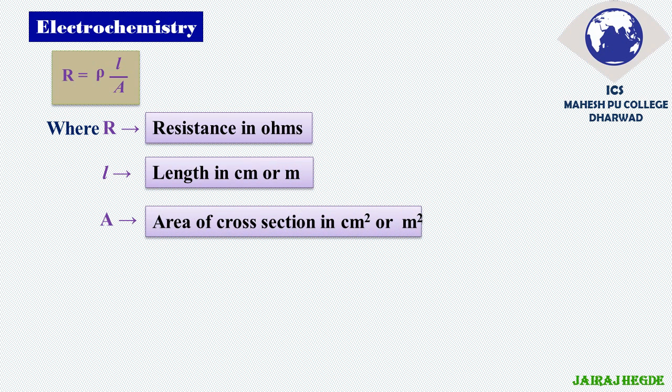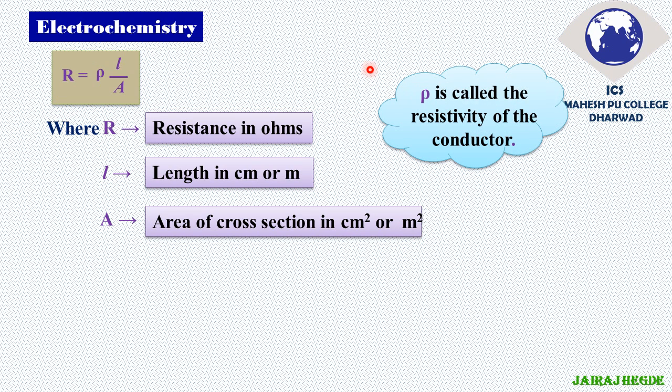Area will be in terms of square centimeter or square meter. And rho is called resistivity of the conductor.